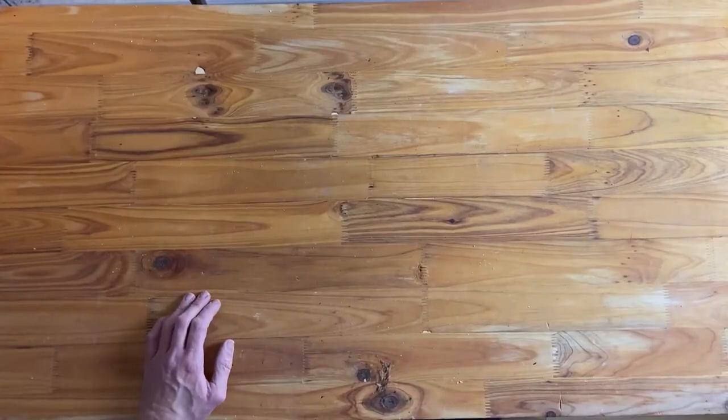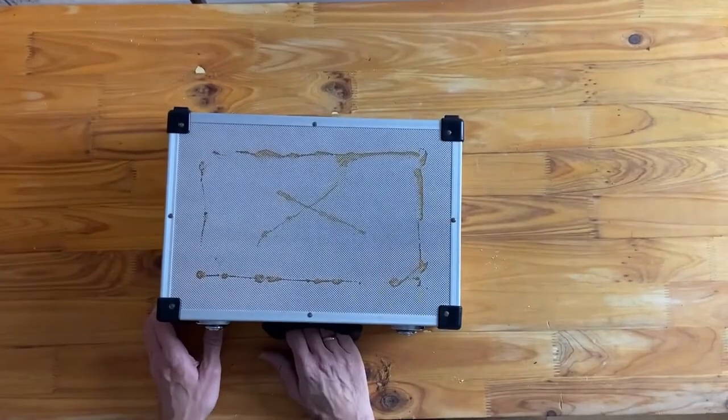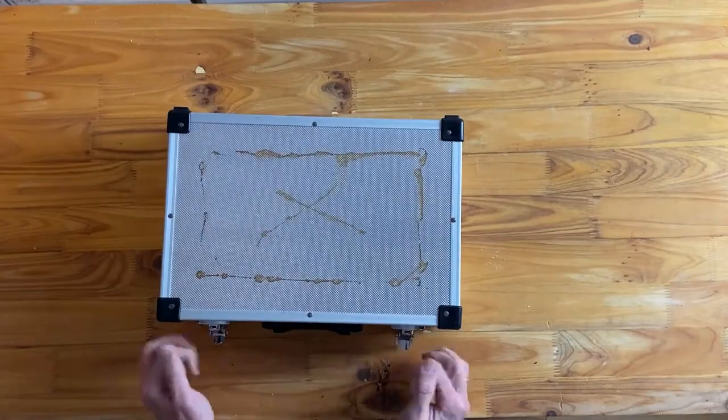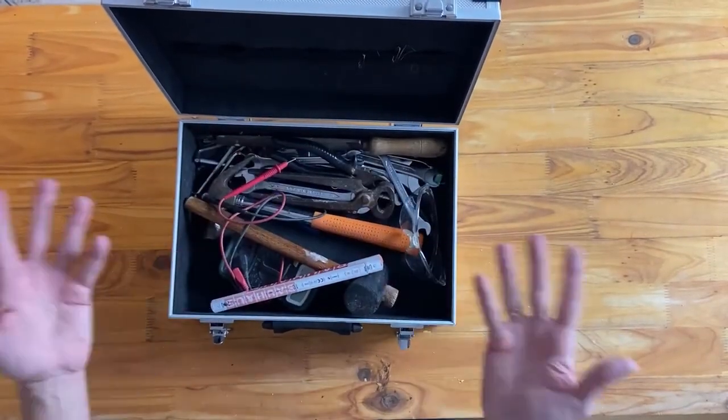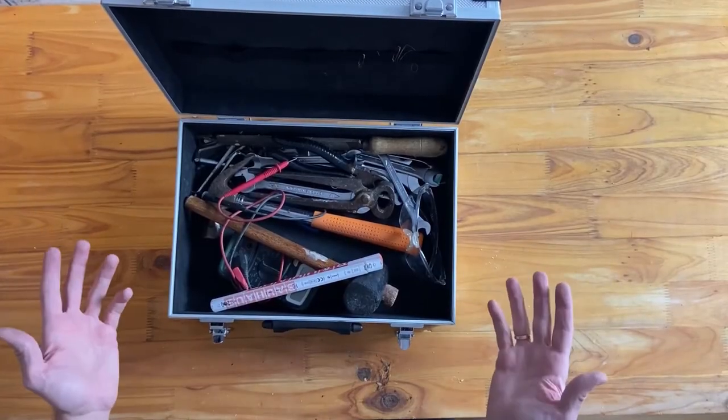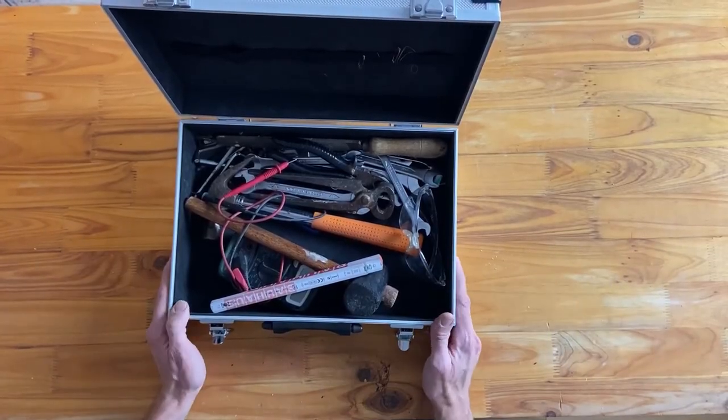Yeah, so for our 5S test, I got these very different toolboxes. The first one is one where everything is messy, right? Things are just thrown inside there, and this looks like a very common kind of toolbox.